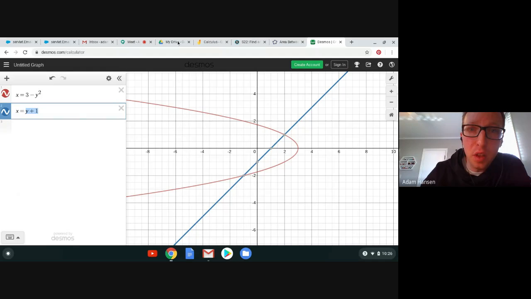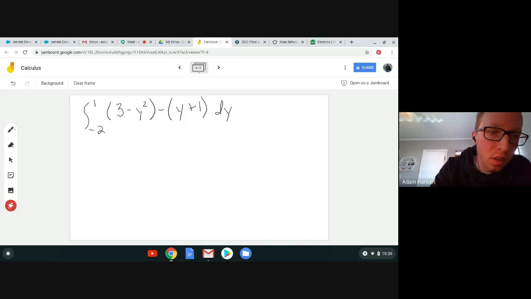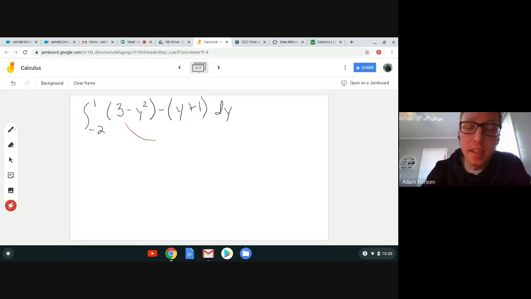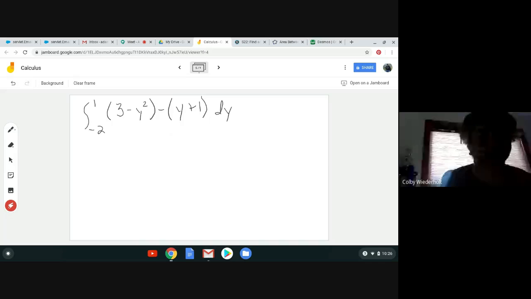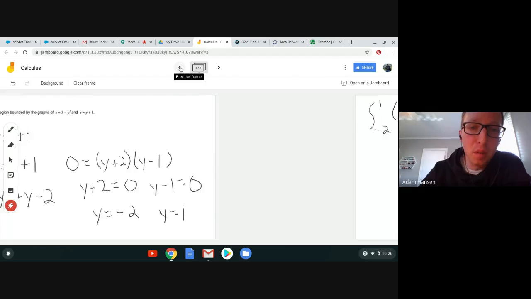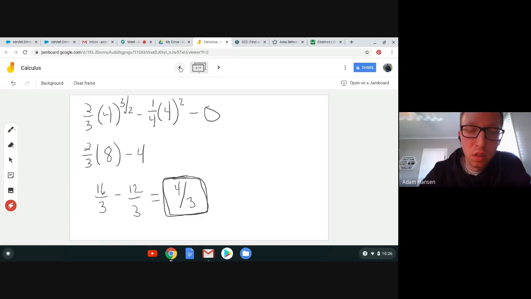If you get those two switched around, you're just going to get the exact opposite, the negative of what the true area would have been. On the previous example, if I had switched these around, I would have gotten -4/3 rather than +4/3. Obviously area can't be negative, but just assume the answer would have been 4/3 anyway.